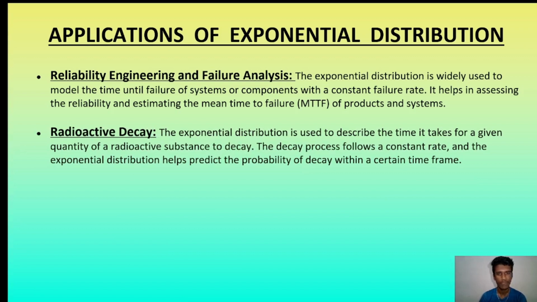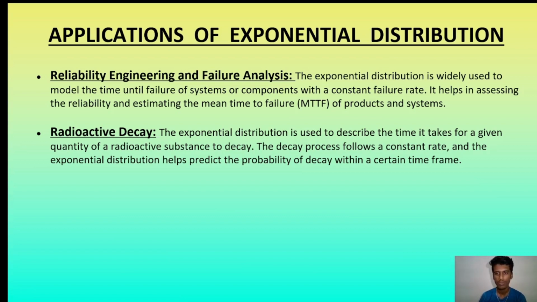Radioactive decay. The exponential distribution is used to describe the time it takes for a given quantity of radioactive substance to decay. It is used in areas like nuclear reactors to calculate how much time it takes to deactivate the radioactive particles.